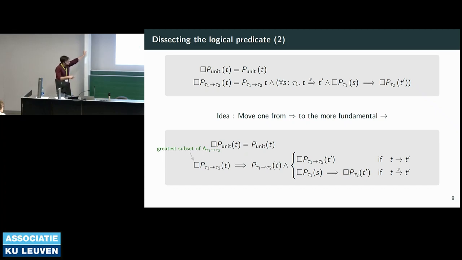But now I'm saying that if T reduces to T prime, then T prime is still in square P. I'm saying that square P is an invariant. Not only is it an invariant with respect to beta reduction, it's the greatest such invariant. I'm coinductively defining a logical predicate. And on the function type, largely the same thing. This says here that T is basically a lambda abstraction, right?